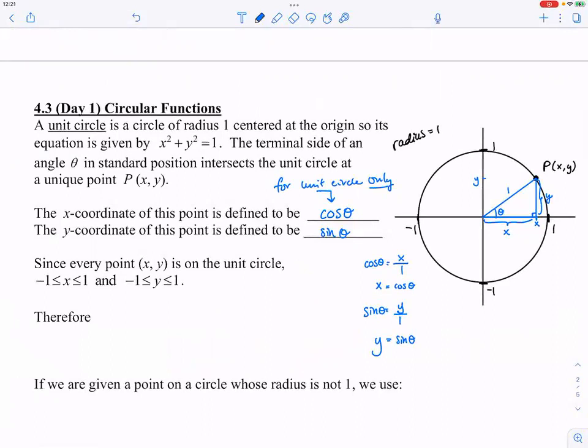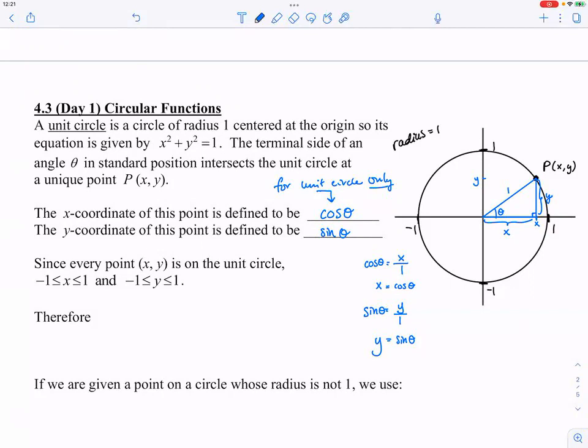Now, these values will turn out to be huge in the next couple of weeks and even the next couple of months. We are going to do quite a lot of things with these guys. So it's a good idea to understand the basic concept of the unit circle. And why do we call the x value cosine theta? Why do we call the y value sine theta?